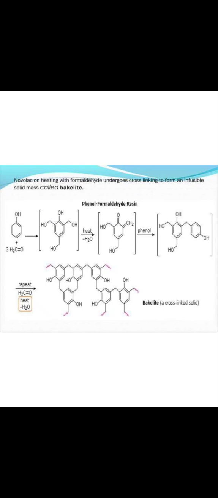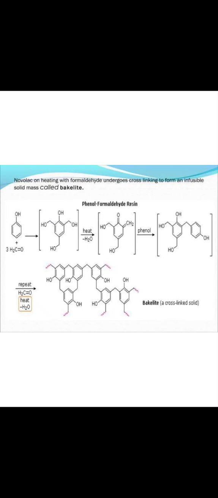After preparation of novolac, it is heated with the substance called hexamethylene tetramine, which produces two important components: number one, formaldehyde, and number two, ammonia.